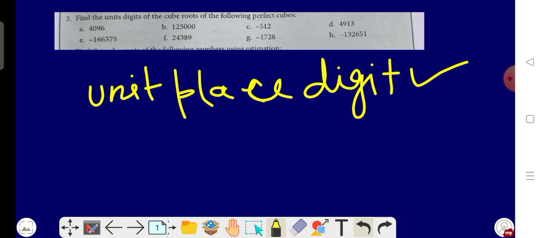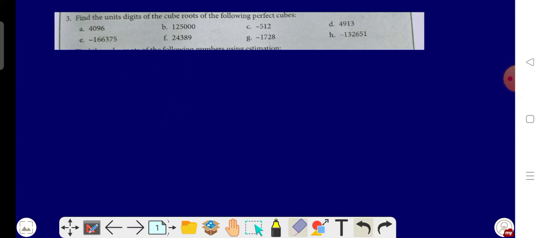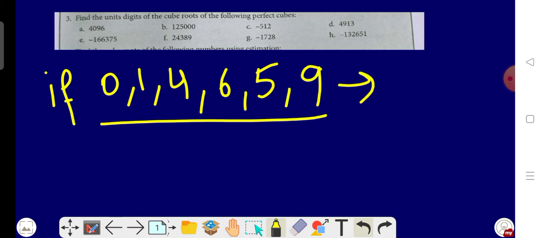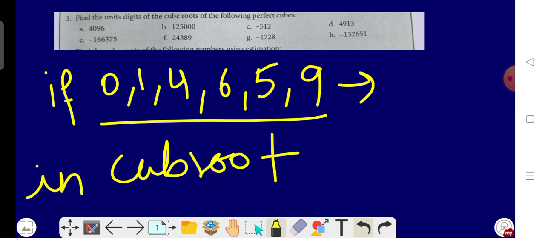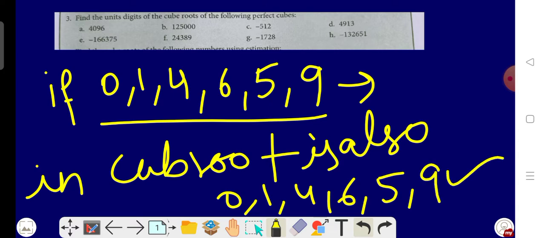And the property is, beta: if any number has unit place digit out of 0, 1, 4, 6, 5, 9, then the unit place digit in the cube root is also 0, 1, 4, 6, 5, 9 respectively.